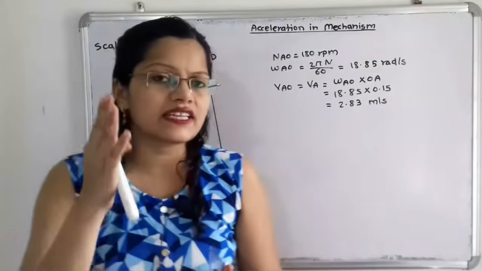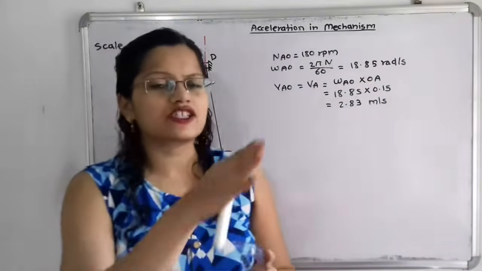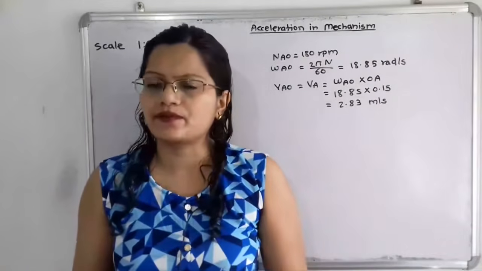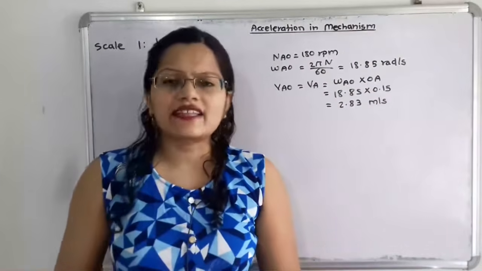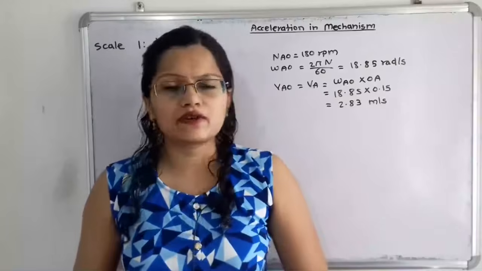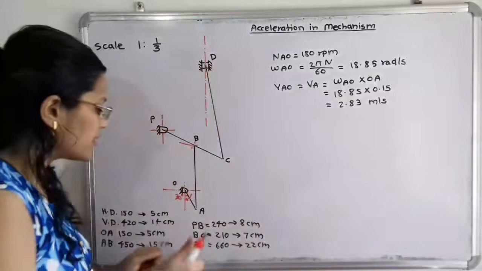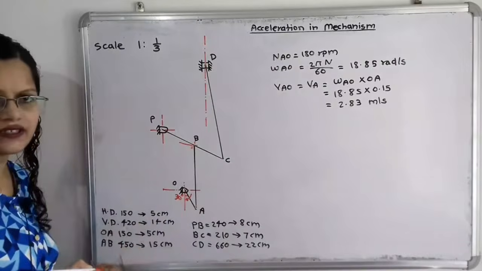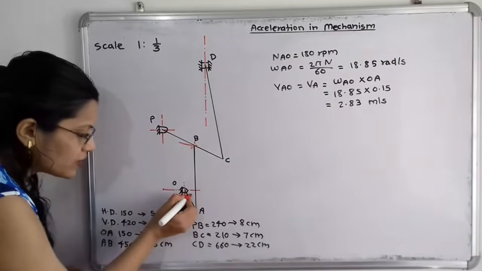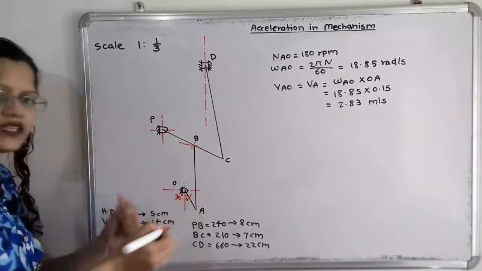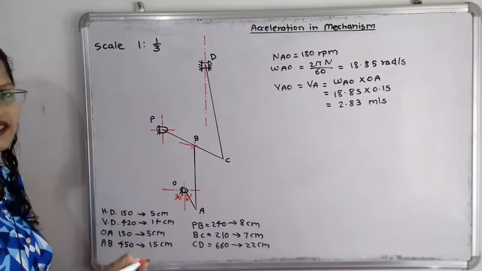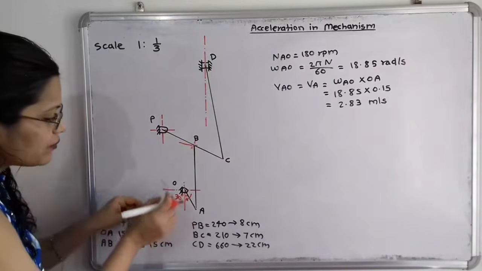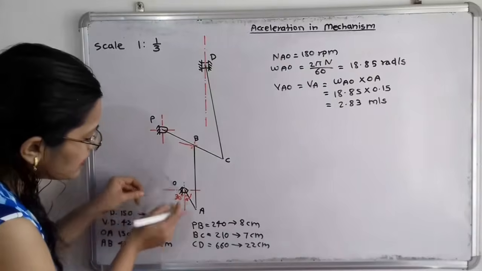We know that the linear velocity has a direction perpendicular to the link. Now in which direction do we have to draw the perpendicular line? If we observe here, the motion of this crank is given in clockwise direction. If I draw the clockwise direction here, the arrow is pointing towards the left hand side. So I will draw a perpendicular line to this link OA.